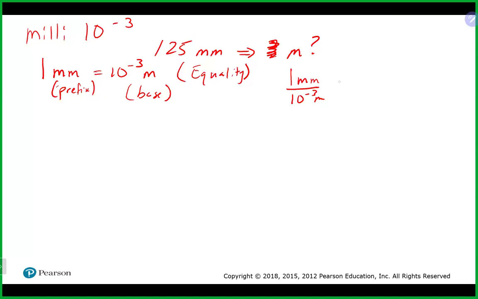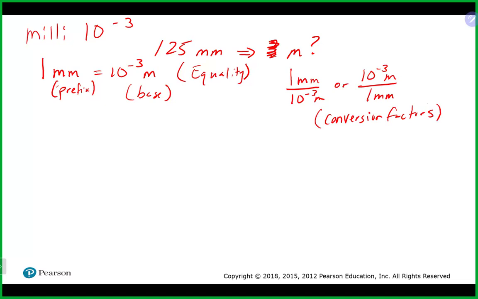Or we could have a conversion factor where we basically just flip it: 10 to the minus 3 meters is 1 millimeter. These again are conversion factors, and you can always get 2 conversion factors from any equality that you come across.